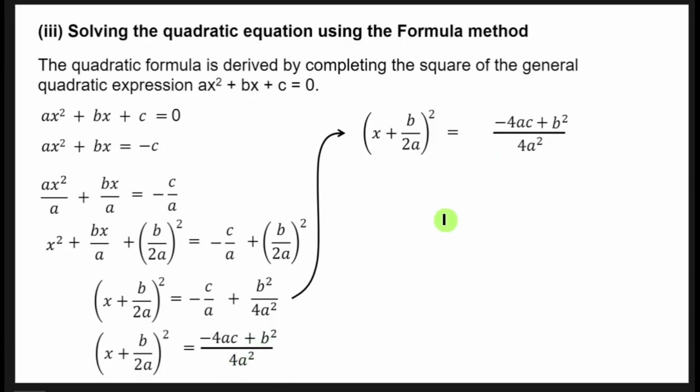Now we need to get rid of this square here by putting a square root here. Once we do this side a square root, even in this side, then we even put the plus or minus here. Then this one and this one will cancel, so you remain with this one. x plus b over 2a is equal to, now you have this one.